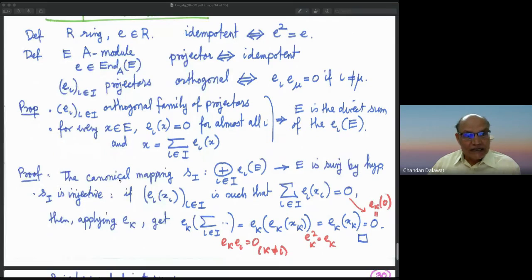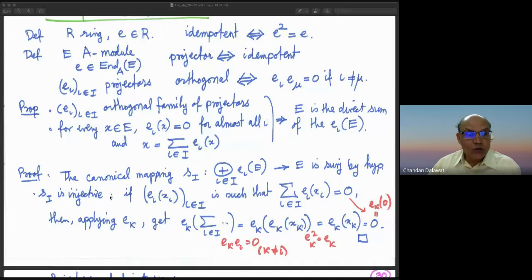As I said, the hypothesis that it's an internal sum amounts to saying that this mapping S from the direct sum to E is surjective. There's a second part of the hypothesis. The first part is that these projectors are orthogonal to each other.